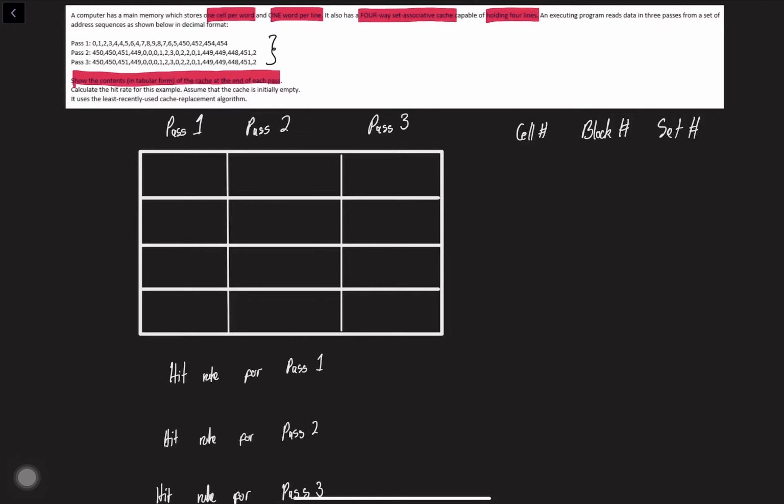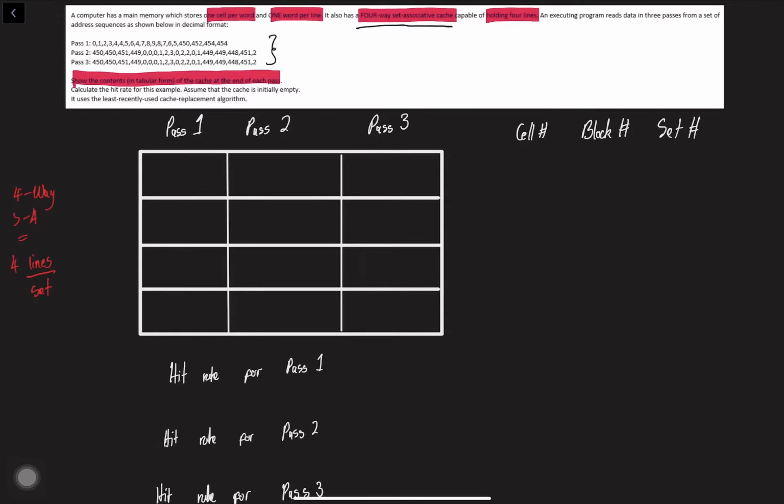Now for this question we are told that we have a four-way set-associative cache. This tells me that four-way is equivalent to 4 lines per set.